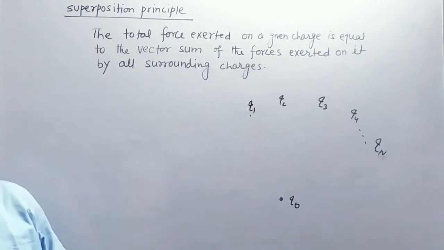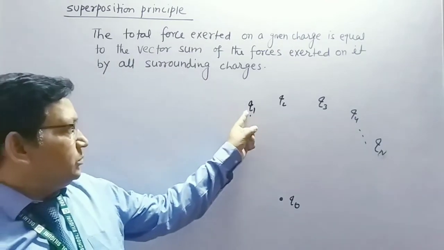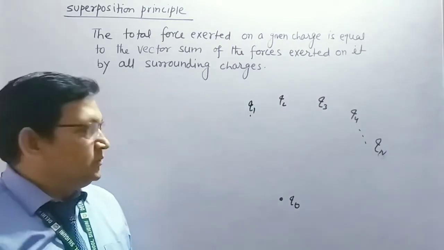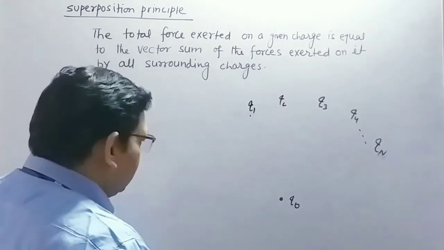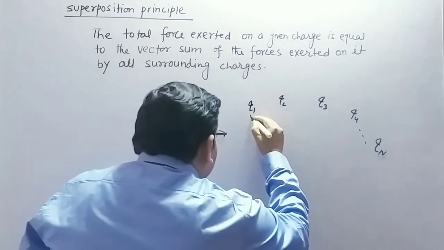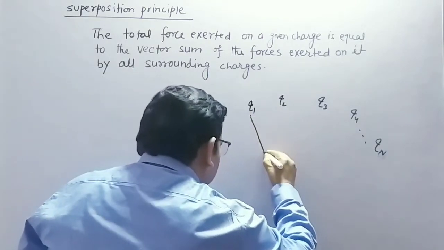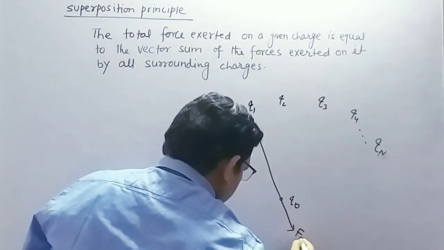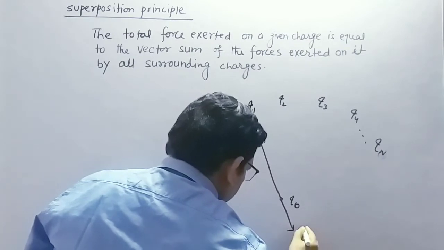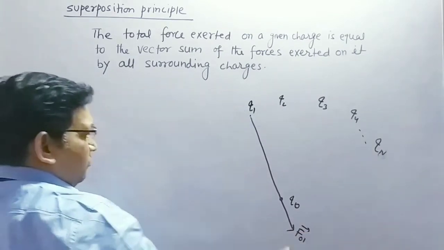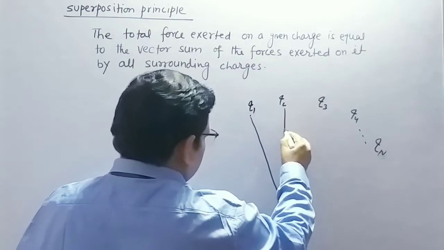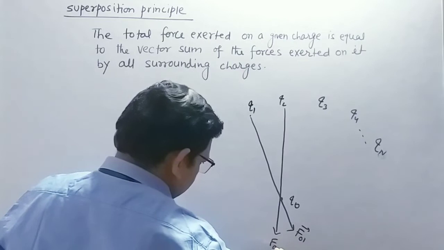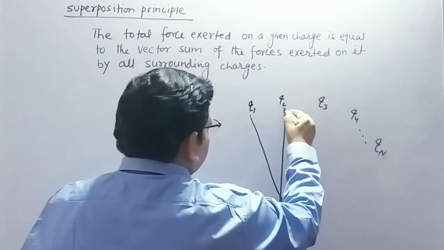According to the superposition principle, while calculating the force between two charges, we ignore the presence of other charges. So first we calculate the force between these two charges. This is the force between 0 and 1. Now we calculate this pair of force. This is the force 0 2. So on we take this force.